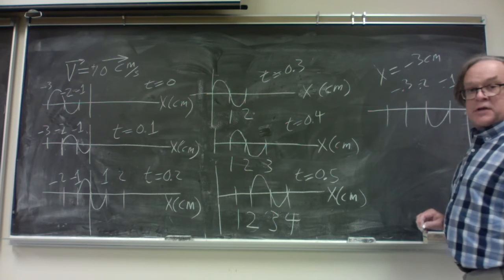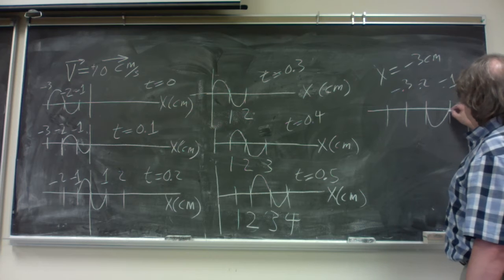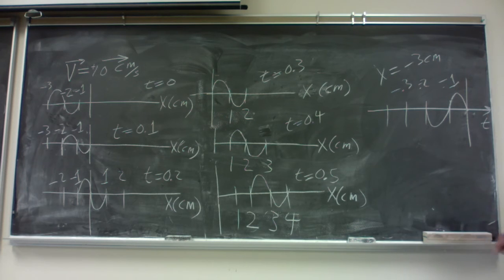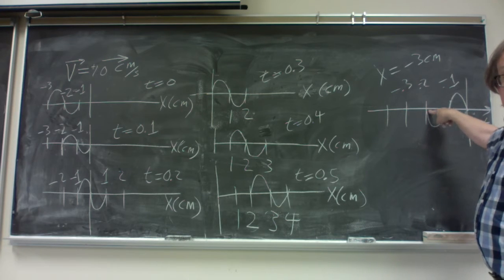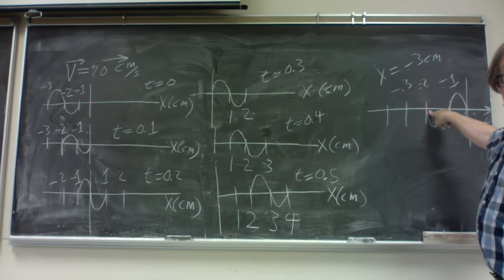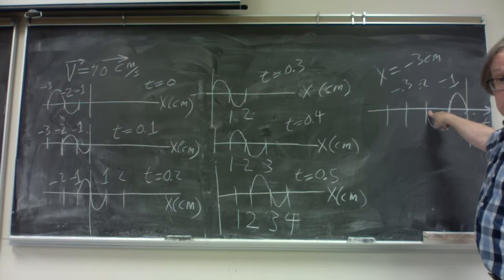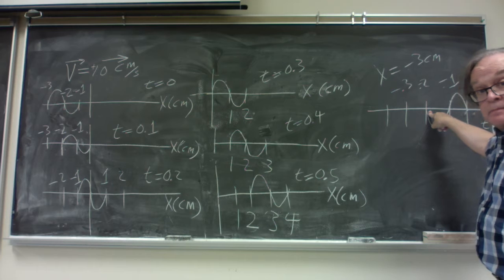And so that's what the front half does, and then this is what the back half does. Right. At the earliest time, this is the earliest time when something starts to happen to the mass at x equals 0.